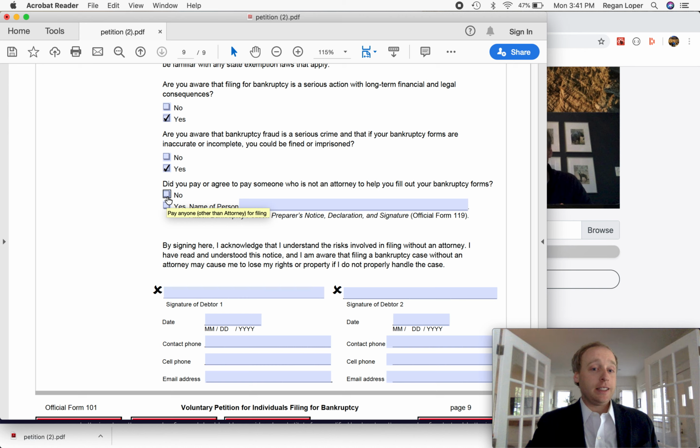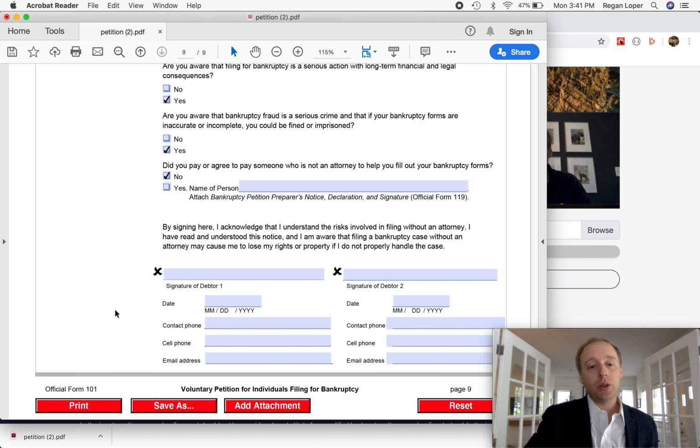If you haven't paid anyone, you'd select no, obviously. And that's a great thing about this website, is that it's completely free. So you haven't agreed to pay anyone to help you fill out these forms. Once you do that, you fill in your signature, your date, your phone number, and your email address, if you have one. And that's the end of this form.